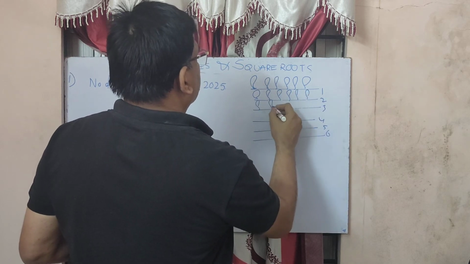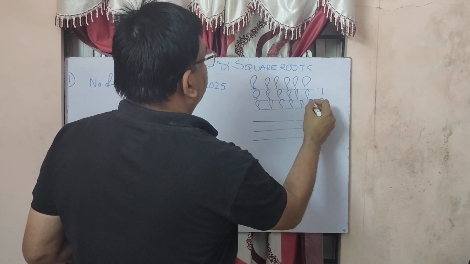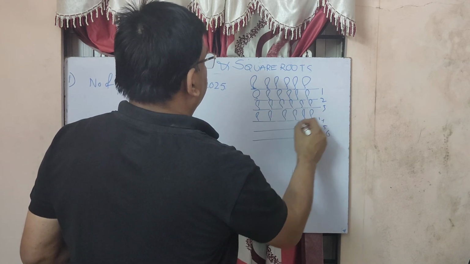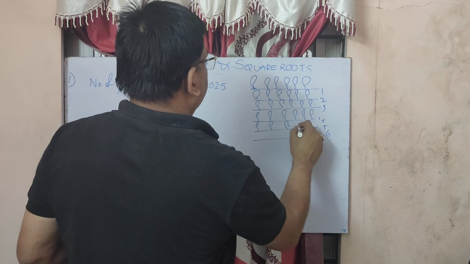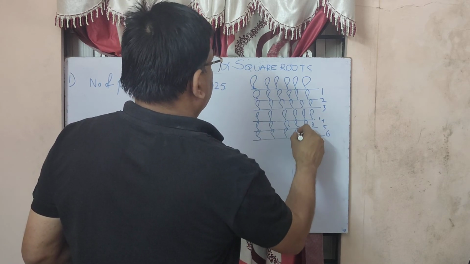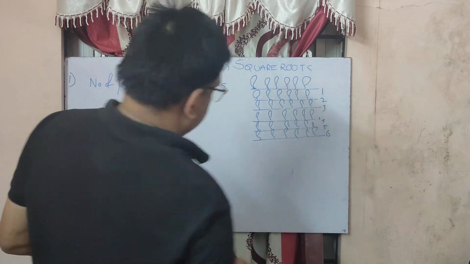This is the way the question is. So you have to find out how many rows there are and how many plants they have planted. Got it? So this is the question.